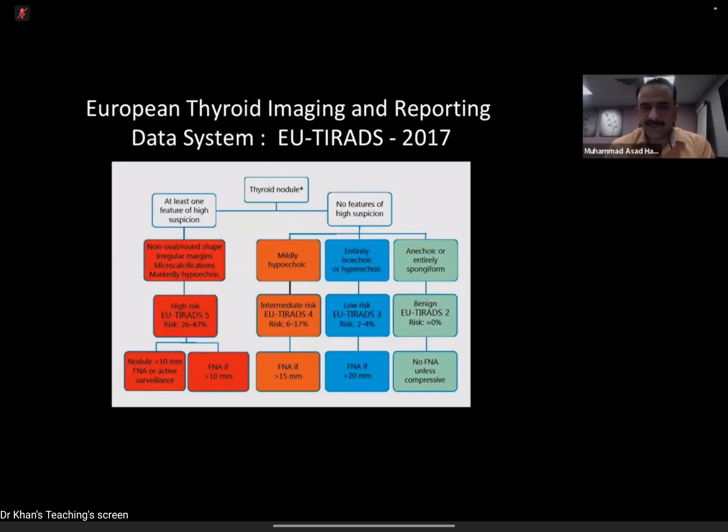They then describe low, moderate, or high risk, and suggest what needs to be done and whether FNAC needs to be done. Now, once you have described everything, normally the next question is, if you say aspiration, how do you perform the aspiration? Can you please describe how you would do the aspiration of this nodule?